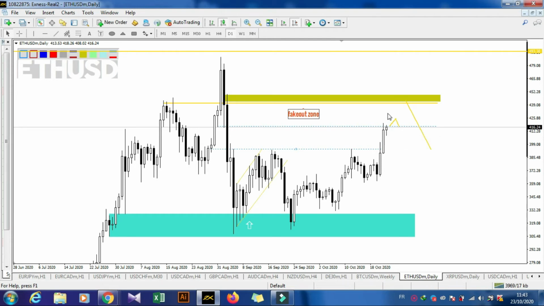So we don't care much what happens here, we care much about what happens in here. So maybe we go short from this area. This is Ethereum, maybe the same look as Bitcoin.